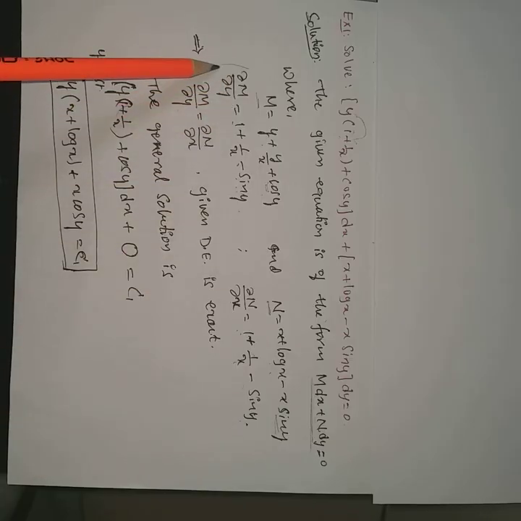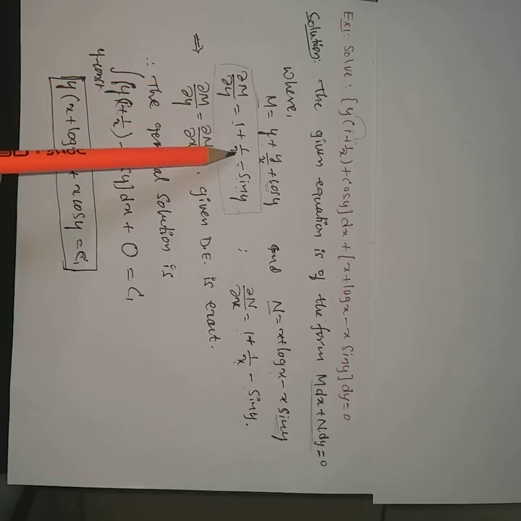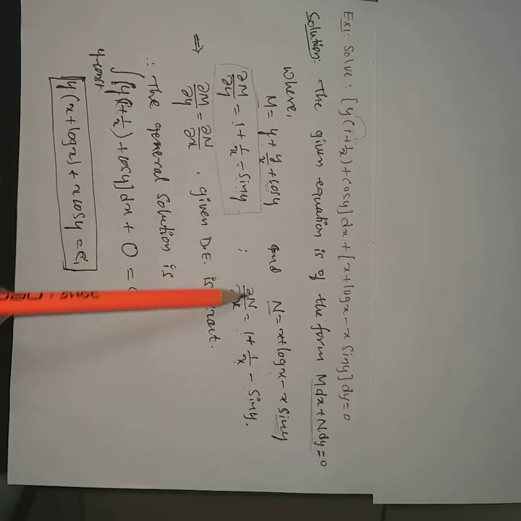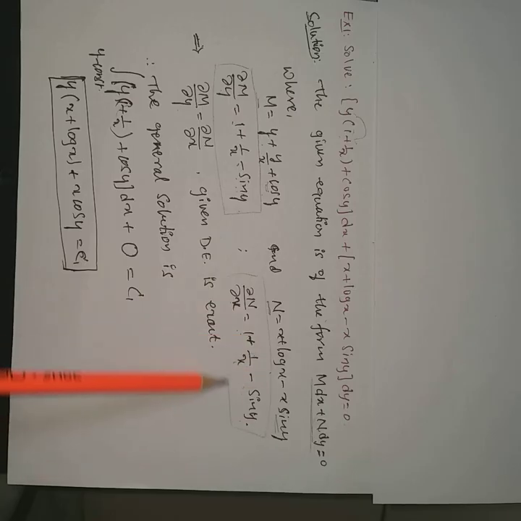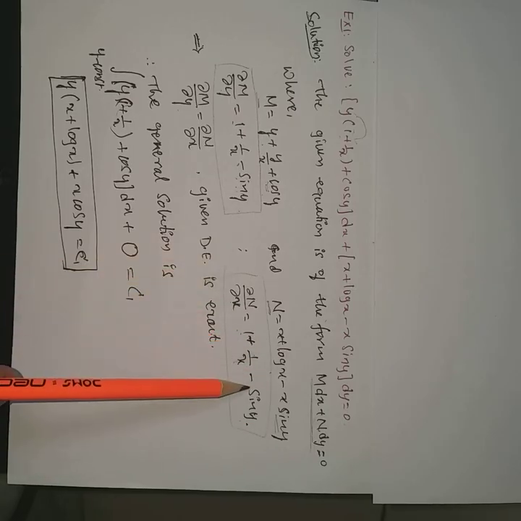So dou M by dou y is 1 plus 1 by x minus sin y, and dou N by dou x is also 1 plus 1 by x minus sin y.